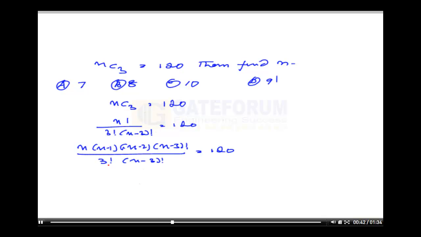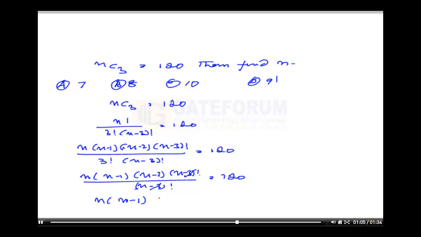So 3 factorial is 6, cross multiplying we get 720. Cancelling n minus 3 factorial, we get n into n minus 1, n minus 2 equivalent to 720.